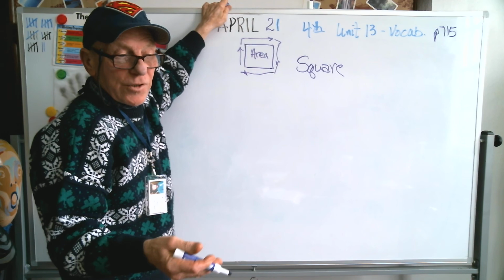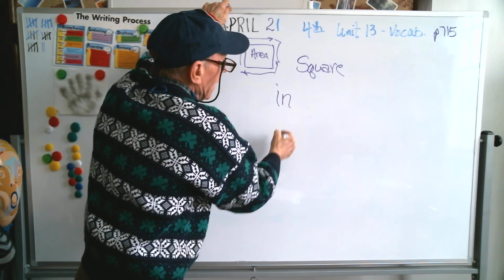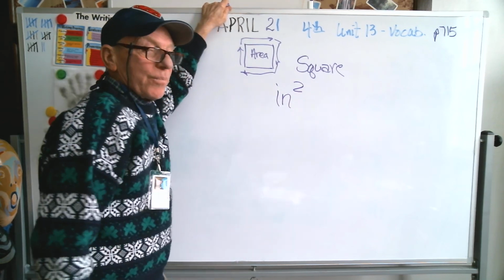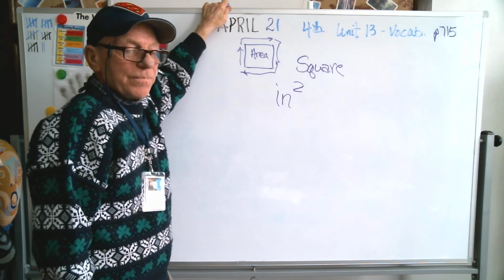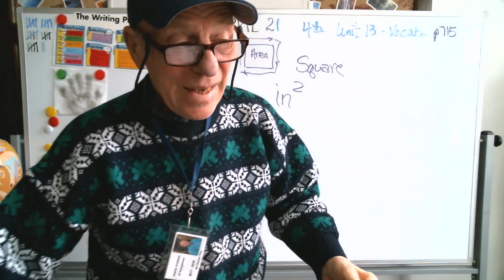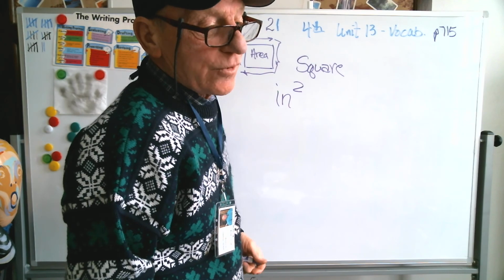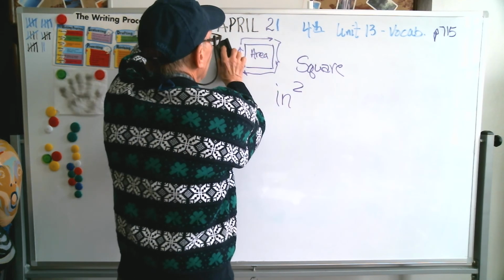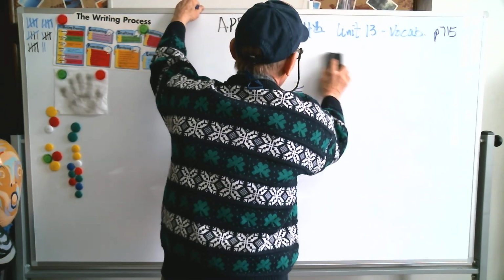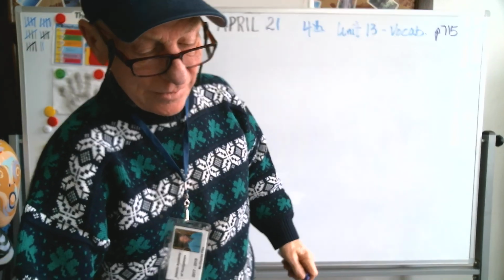If it was in inches, it would be square inches, or you could indicate it by writing inches and put a little 2 above it. That exponent indicates that it's square, or you can just write square inches. But anyhow, those are the two primary concepts in this lesson.